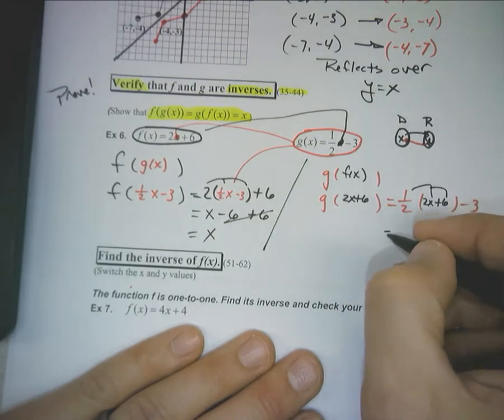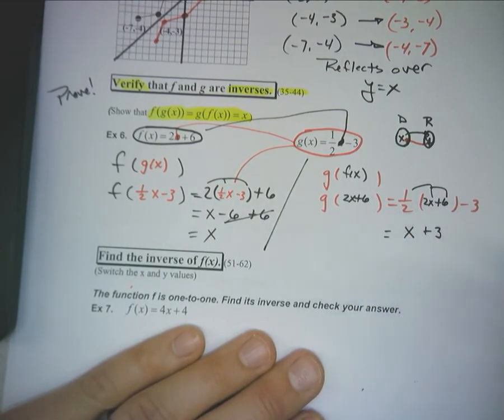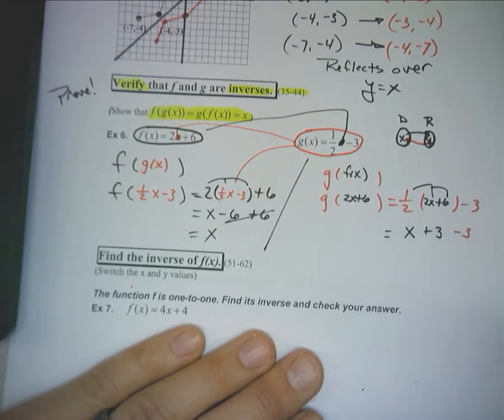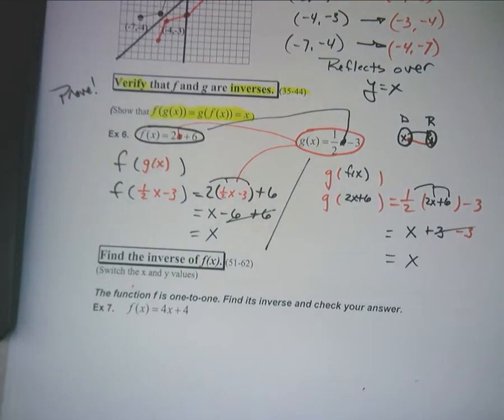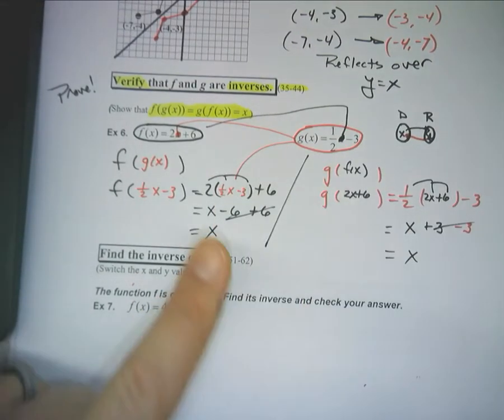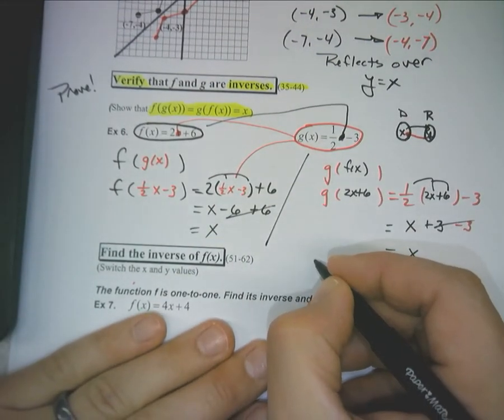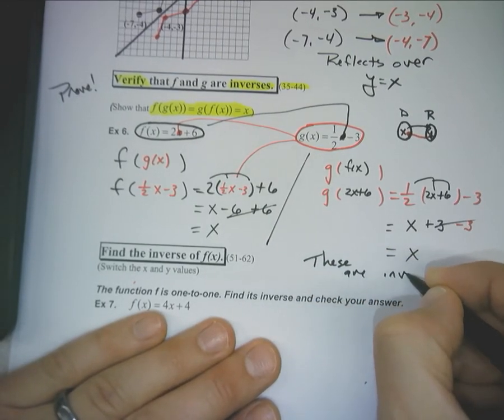Half of 2x is 1x, or x. Half of 6 is 3. So 1/2 times 6 is 3, and then this minus 3 on the outside. These guys cancel, equals x. So I show that f of g of x and g of f of x are equal to x. So then these are inverses.